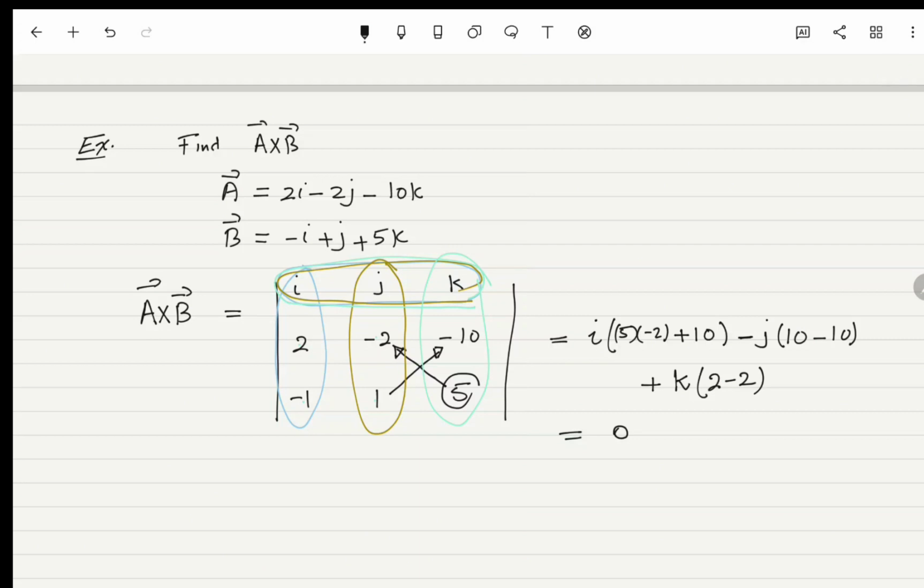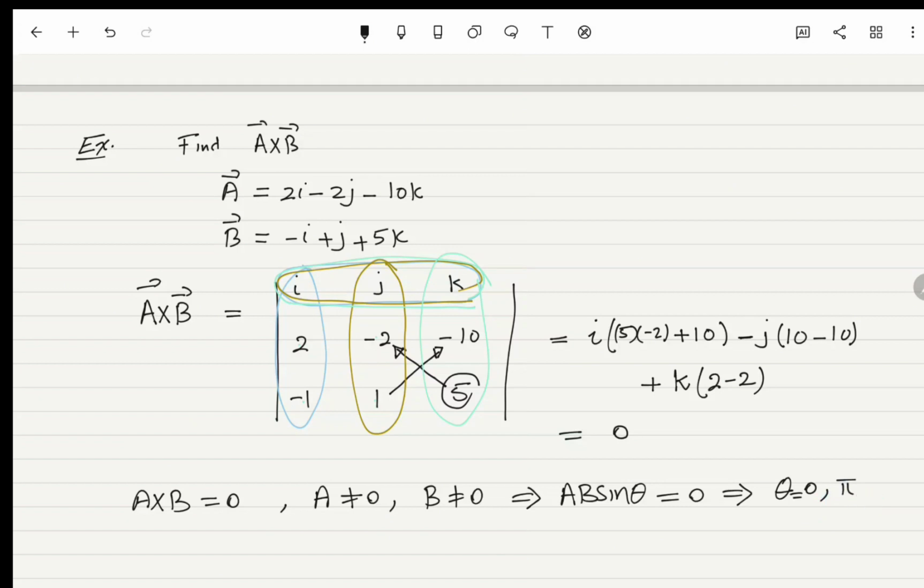Now, things we can conclude from this result: if A cross B equals 0, but A is not equal to 0, neither is B, then AB sine theta equals 0, and from this, theta could be 0 or pi.